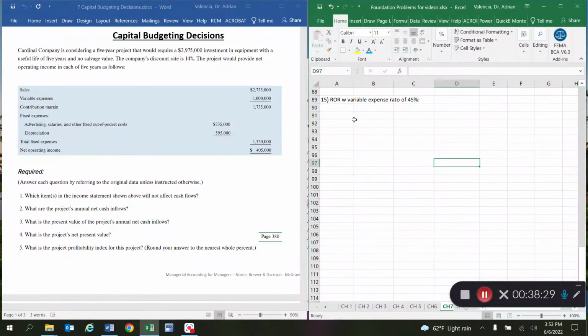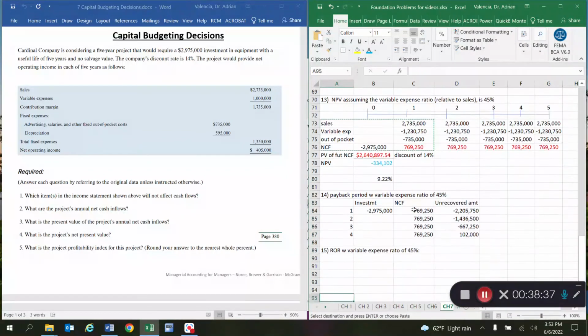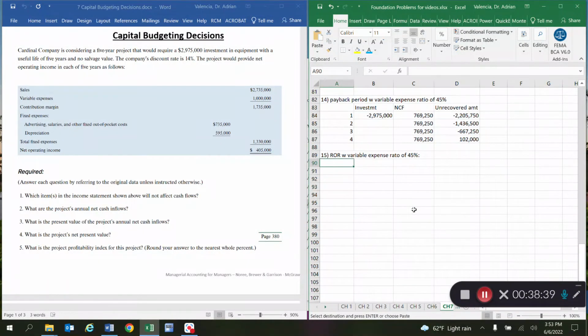So let's do a partial income statement here. Let me get some of this information. So let me just copy this here first. And I'm going to call this net operating income. Ignore this right here, and then all I'm missing here is depreciation, right?